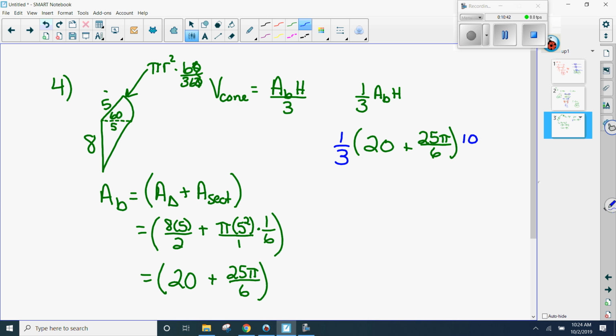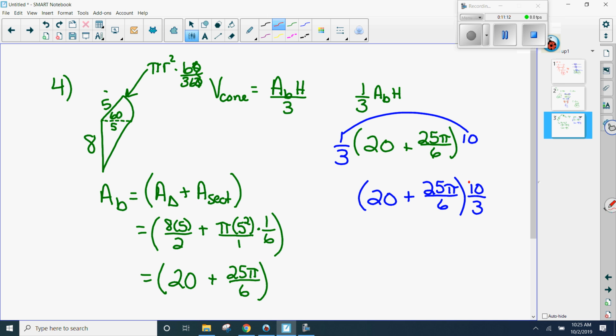Does the commutative property work for multiplication? Yes, it doesn't matter which way I order the numbers, correct? So let's multiply these two together first. What's that give you? 10 over 3. So I'm going to take the area of the base, 20 plus 25 pi over 6, and multiply by 10/3. That's the same thing as take it times 10 and divide by 3.